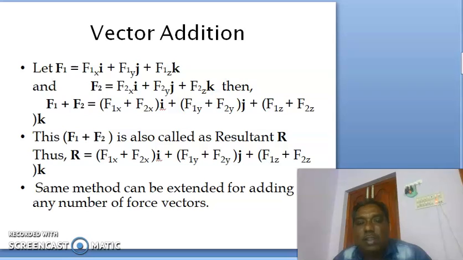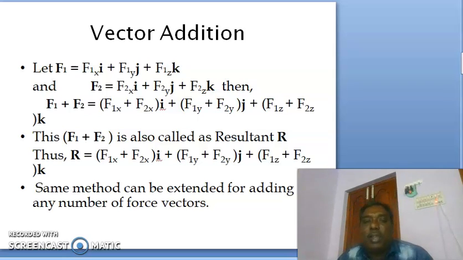So let F1 vector be a force vector given by F1x i plus F1y j plus F1z k, and F2 vector be equal to F2x i plus F2y j plus F2z k.